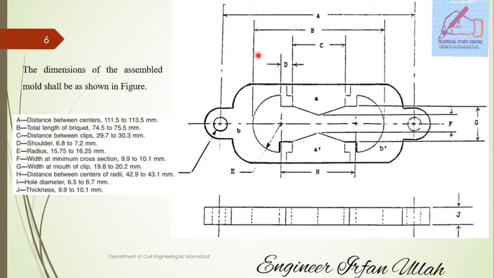You can see that this distance is called A. Here A is the distance between centers of the mold, which is roughly 112 millimeter. The length of the sample to be poured in this mold is B, which is the total length of the briquette, around 75 millimeters. All the details are per ASTM standard D113, so this type of mold should be used.